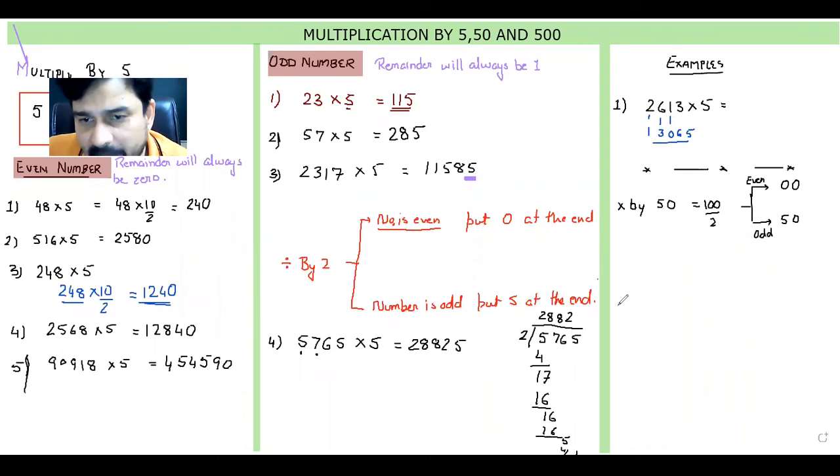Same goes for multiplication by 500. 500 is 1000 upon 2. So divide the number.